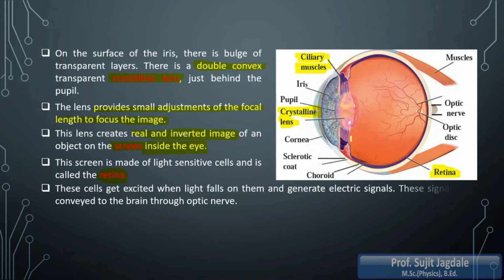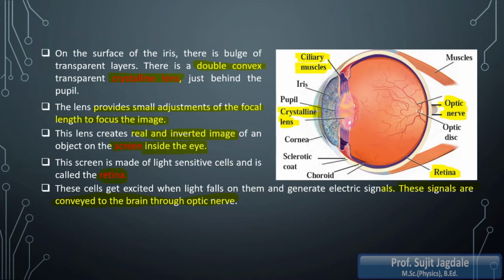These cells get excited when light falls on them and generate electric signals. These signals are conveyed to the brain through the optic nerves. That means the retina is connected to the optic nerves.